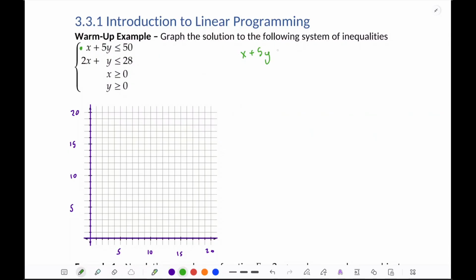So now x plus 5y equals 50. The x-intercept is going to be 50, which is way off my graph. So I'm going to solve for y.